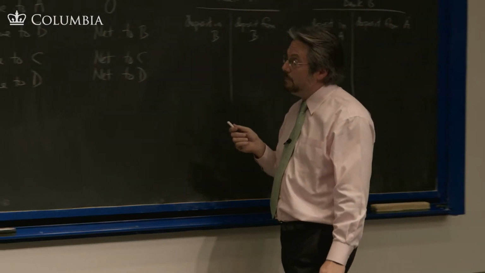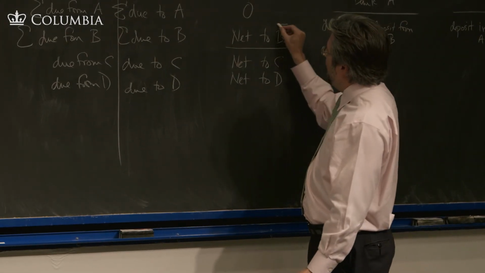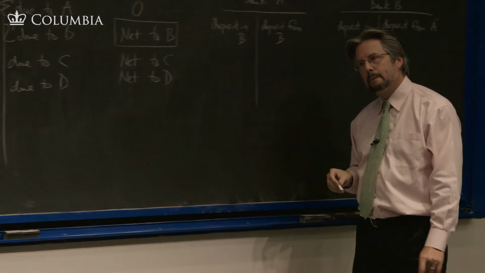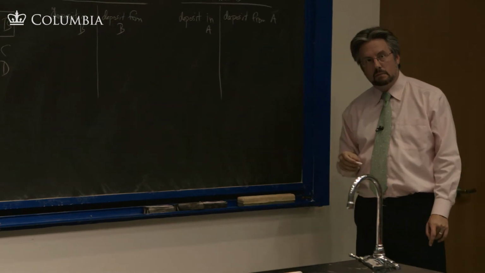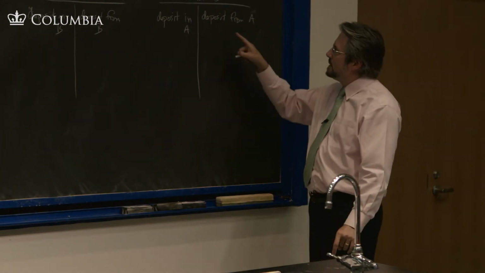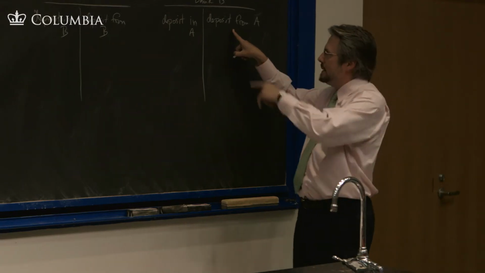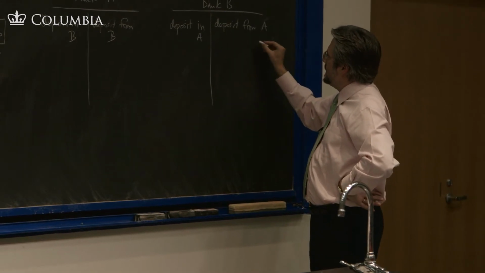Because that means that if A needs to pay B, they can do it by just using their deposit in B. So one way to make a net payment here is just to draw this down.